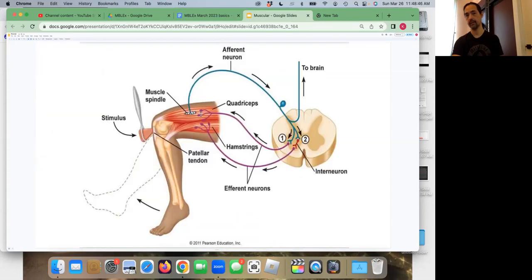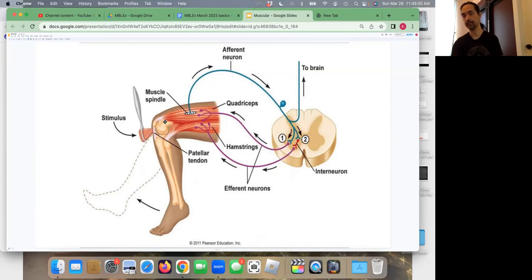When you tap the patellar ligament, or any ligament in the body, it stretches the muscle a little bit, just a tiny bit. And when you stretch the muscle, it's the job of the efferent motor fibers to contract. And they provide the force that kicks the leg forward.